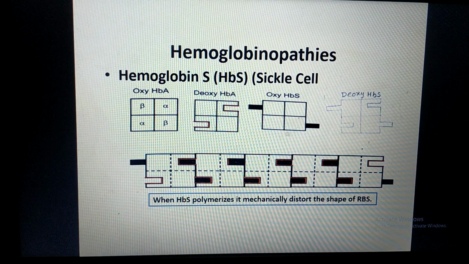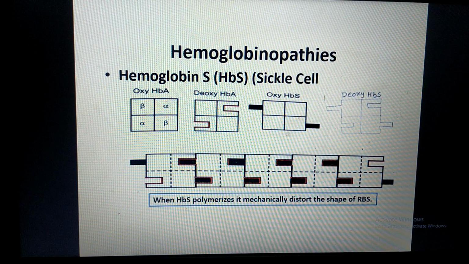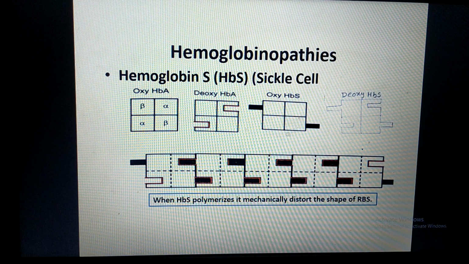So this is the diagrammatic representation of hemoglobin S. On the upper side, I have shown you oxyhemoglobin A and deoxyhemoglobin A. If you compare the difference between oxyhemoglobin A and deoxyhemoglobin A, on deoxygenation, hemoglobin A develops cavities.